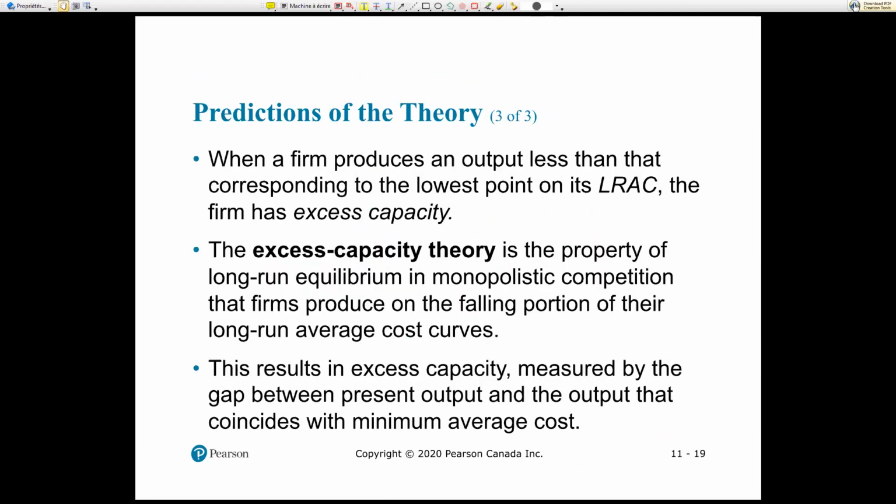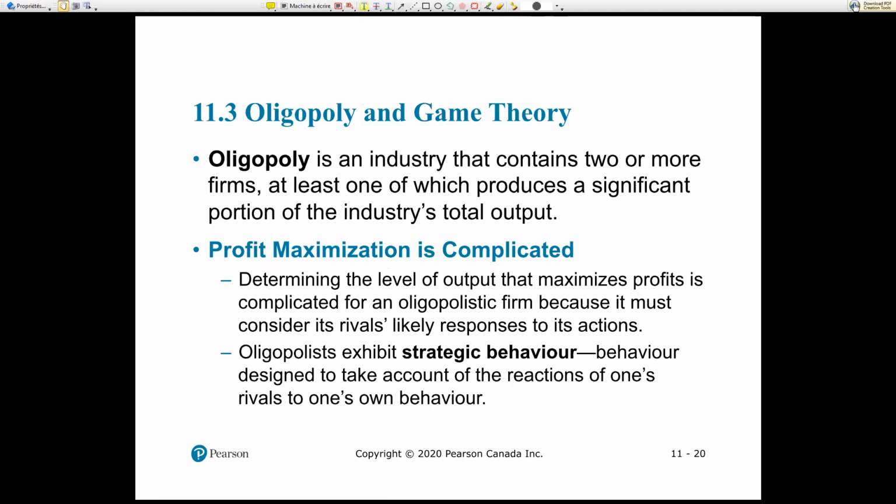Today, what's the difference? The difference is that we are going to study the case in which we have few firms on the market. And this makes things slightly more, or rather more complicated. Why?